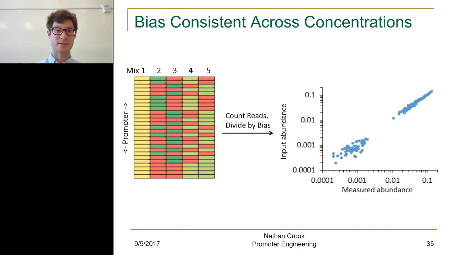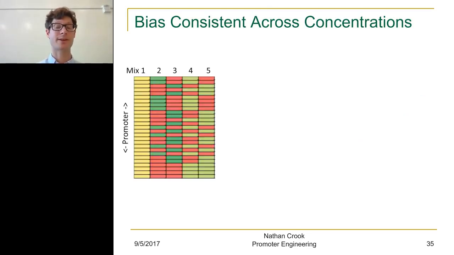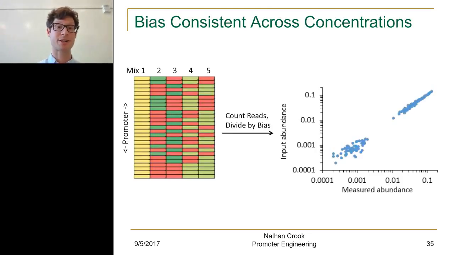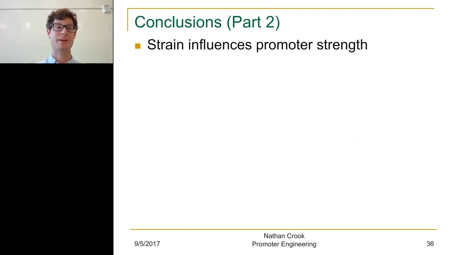So this standard curve method is something that's a little bit underutilized in the metagenomics area, but it's very important to get accurate results because you can use that curve to really determine what the correct absolute abundance of your sample is. So that's the current status of that project. We're currently excited to do it in actual in vitro and in vivo cases, but what we saw so far is that the strain influences promoter strength.